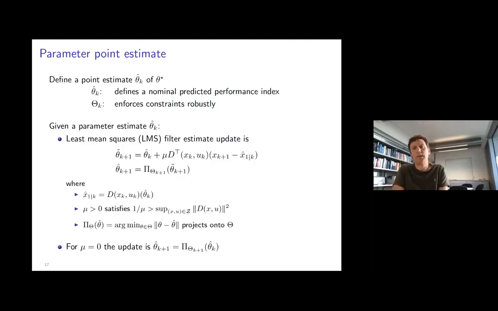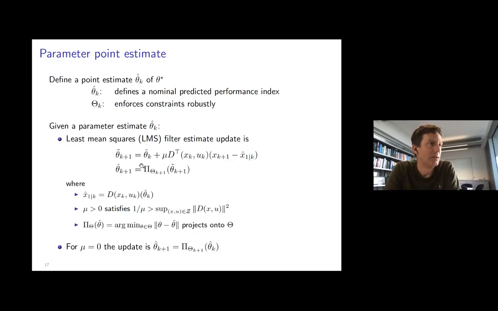Okay, so in the definition of a predictive controller, I want to combine this parameter set estimate with a point-wise parameter estimate. And there are various ways of defining this, but I want to focus initially on a least mean square filter method.